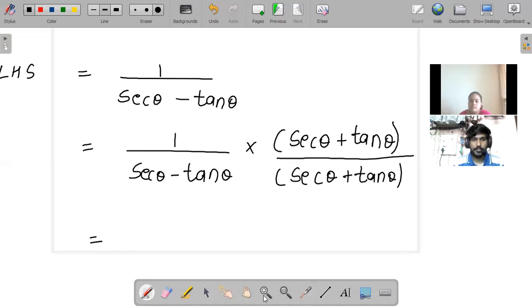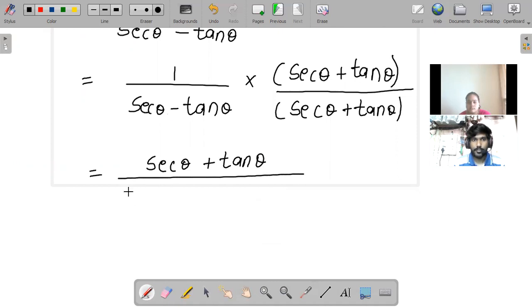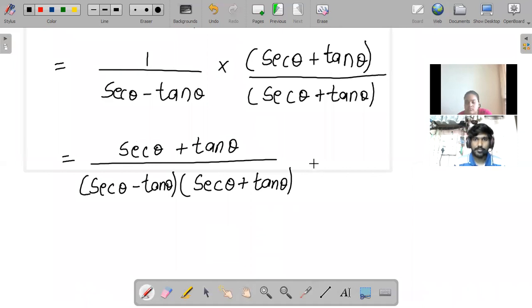So this would become sec theta plus tan theta upon sec theta minus tan theta into sec theta plus tan theta. A plus B, A minus B, yes, correct.